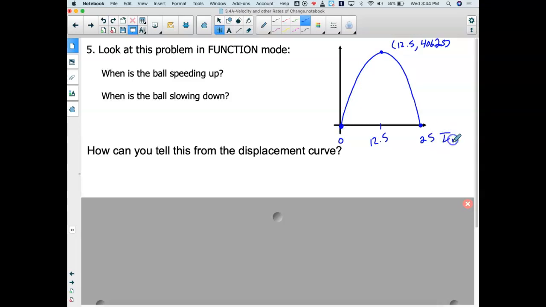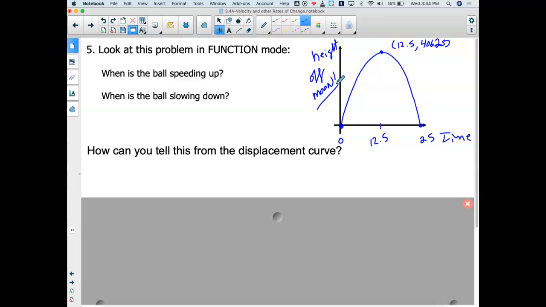This is time, and this is height off the moon. Okay, it's height off the moon. What we want to be able to do, my goal here, is to look at this problem in function mode and say, when is the ball speeding up and when is the ball slowing down?